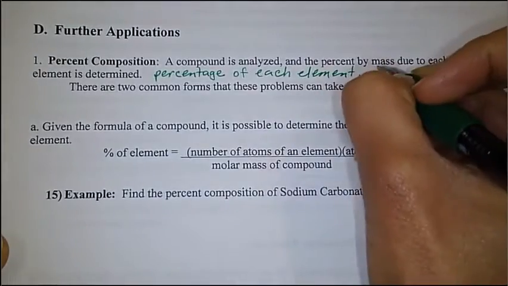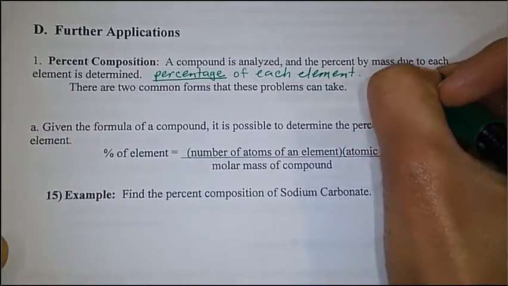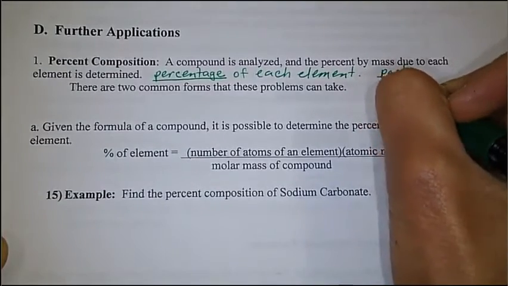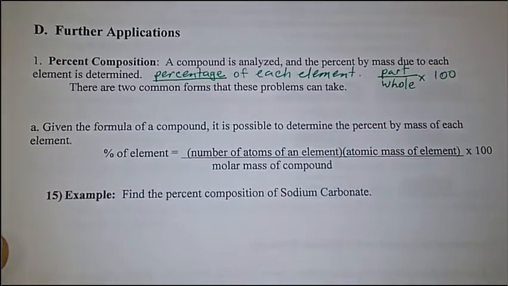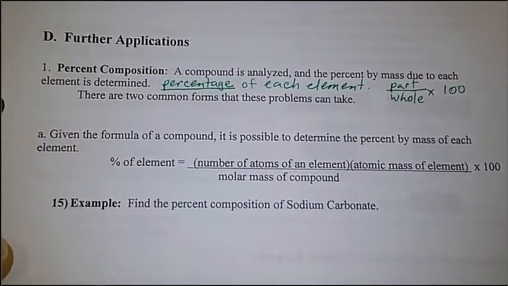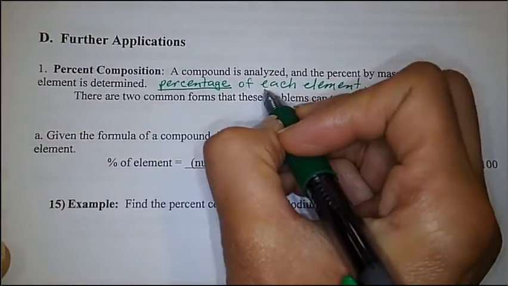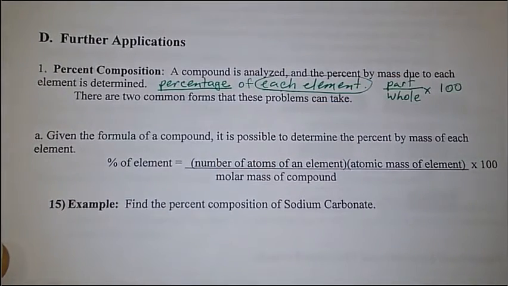And don't forget, whenever you're talking about percentage, we are saying that that is part over whole times 100. Okay? And this is for each element. So that's a really big deal. You're trying to get the percentage of each element.